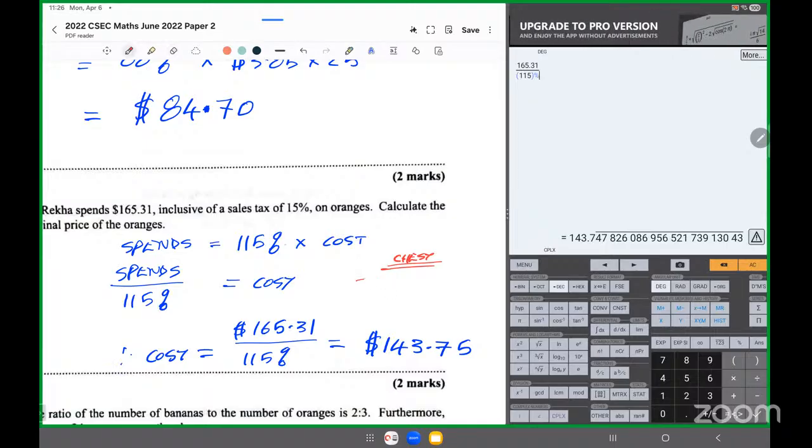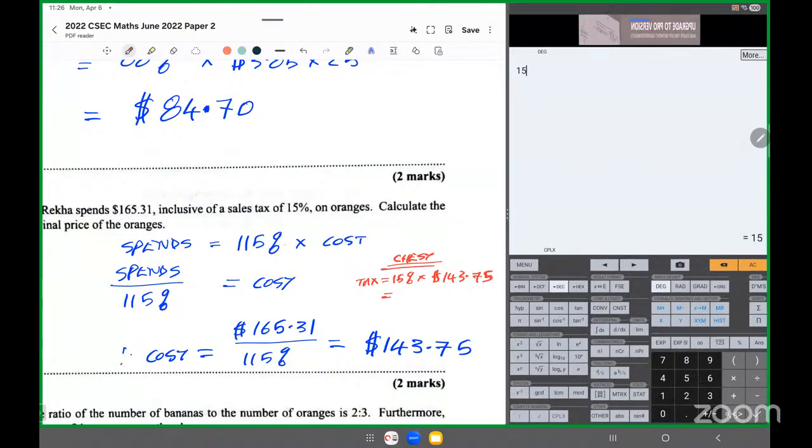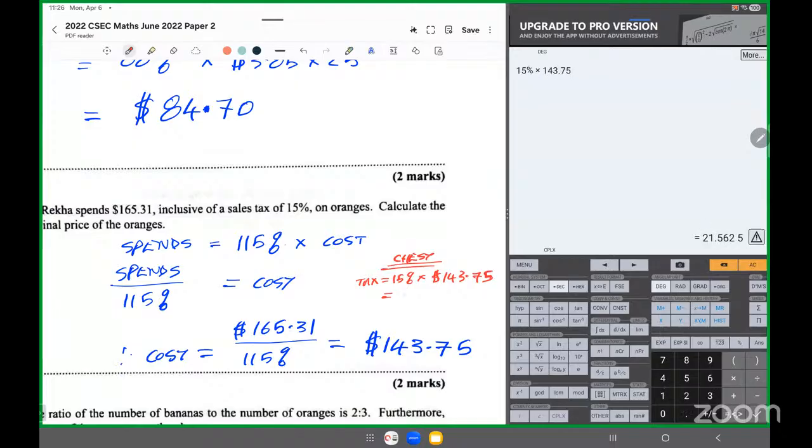So the tax would be 15% times 143.75. Let's work it out. It will be $21.56. That will be the tax.